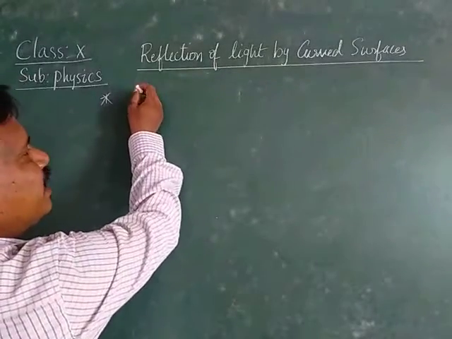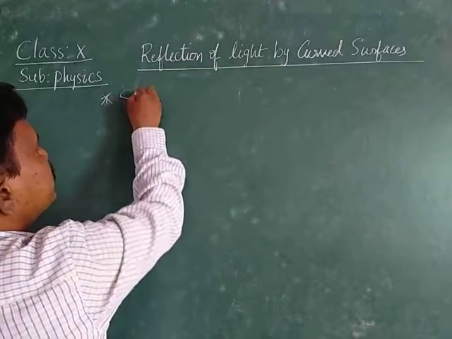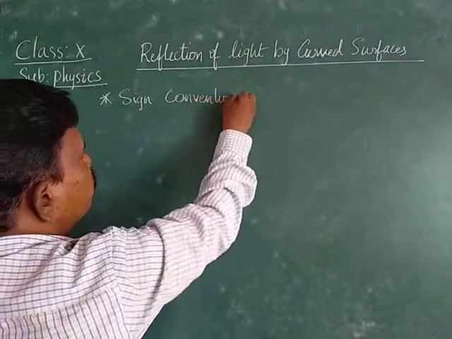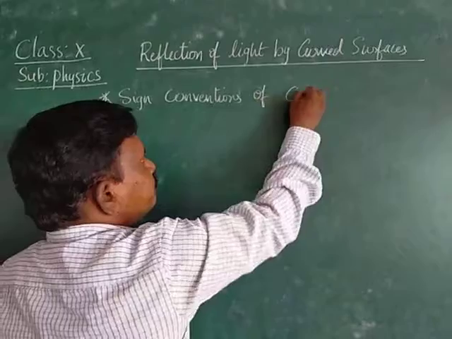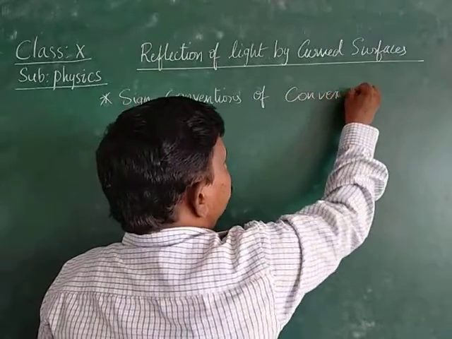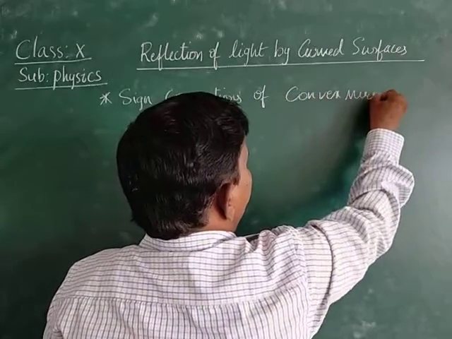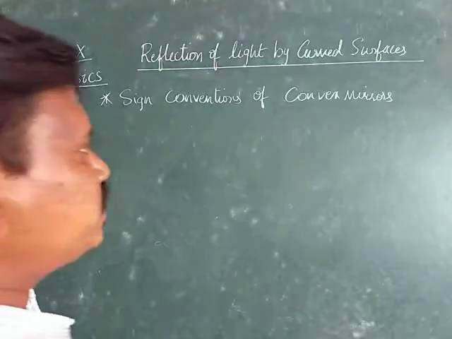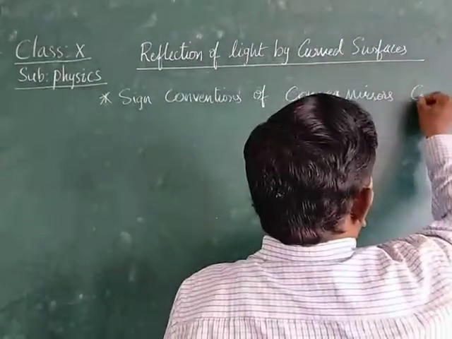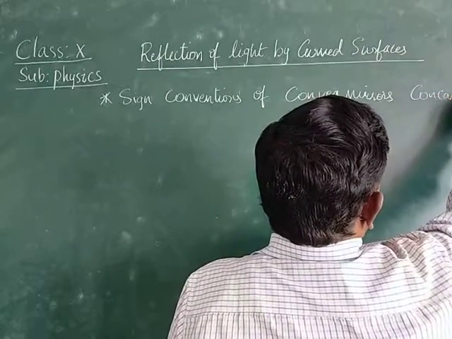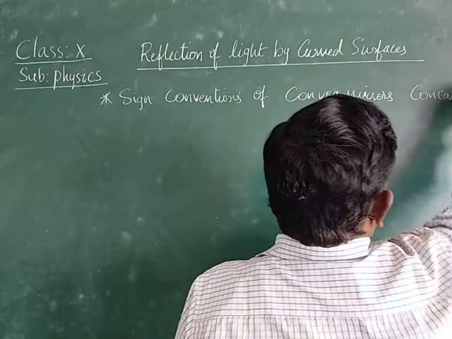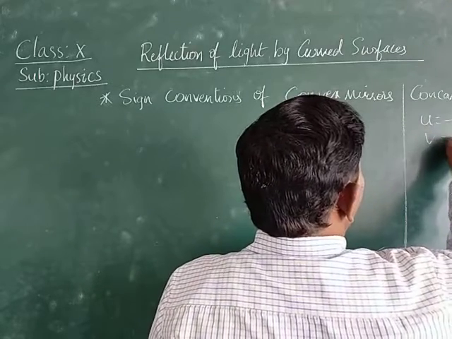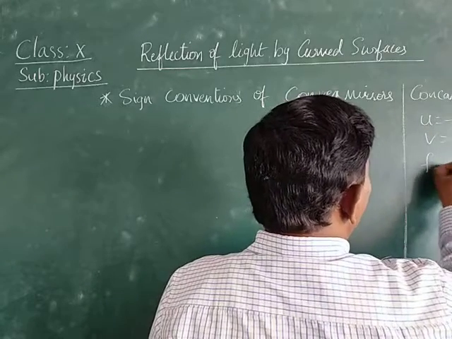Now we'll be learning in detail about the sign conventions of the convex mirror. Normally, the sign conventions of the concave mirror are: U is negative, V is negative, and in the same way F is also negative.